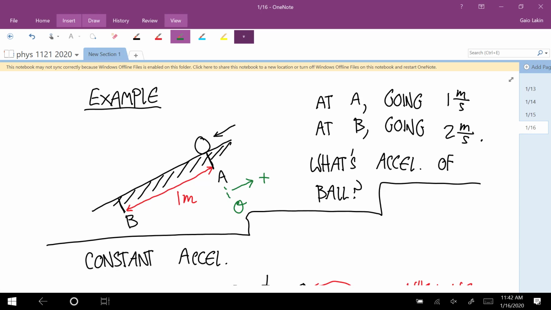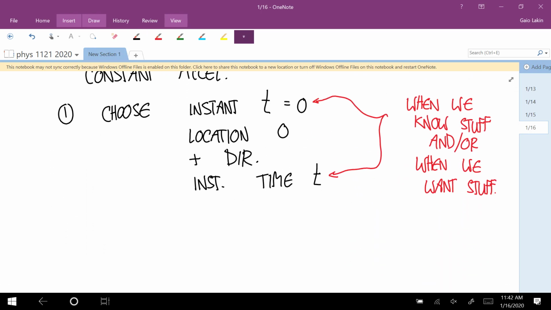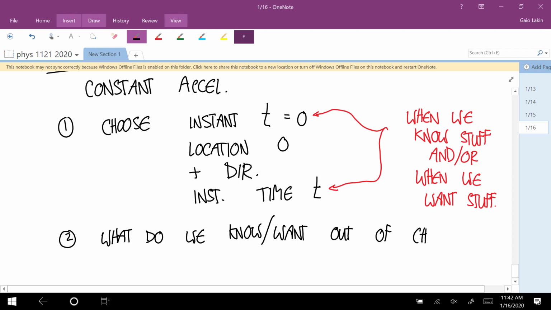Okay, so based on that, let's think about the information that we know, okay? So what do we know and want out of our checklist of possible variables?